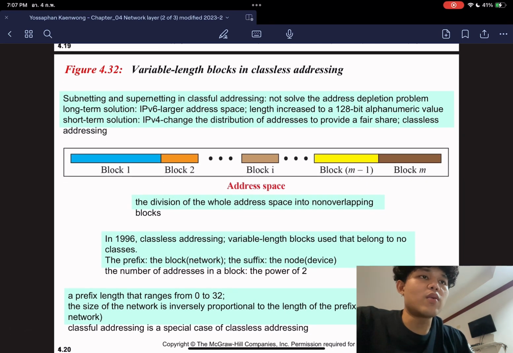This is a variable-length block in classless addressing. Subnetting and supernetting in classful addressing did not solve the address depletion problem. The long-term solution is IPv6, with a larger address space increased to 128 bits, and the short-term solution is for IPv4 to change the distribution of addresses to provide a fair share.